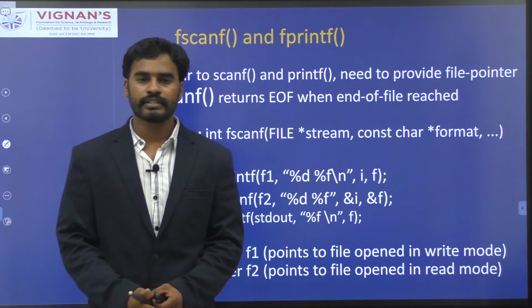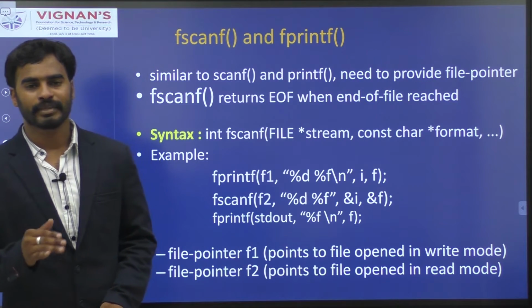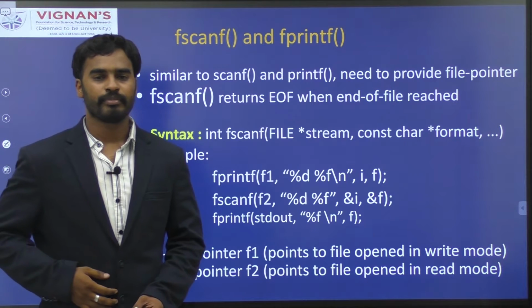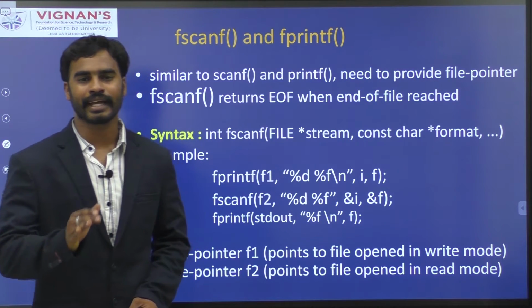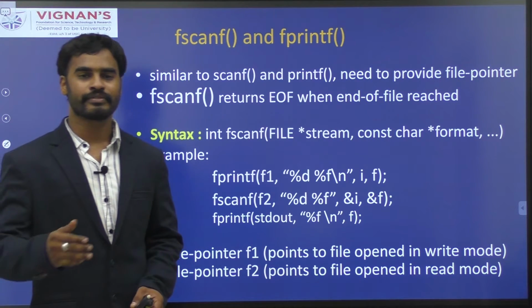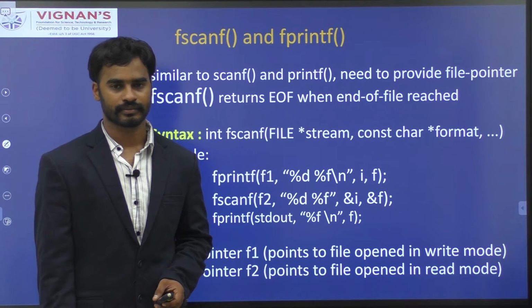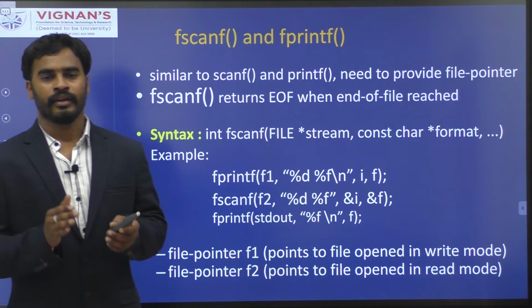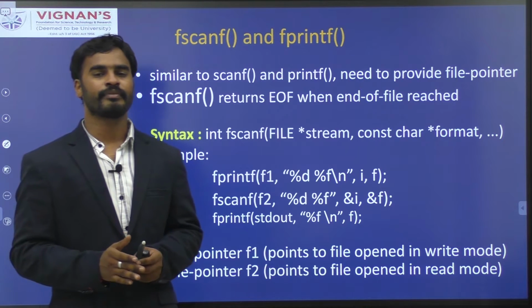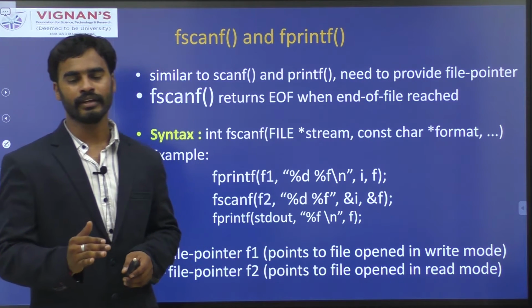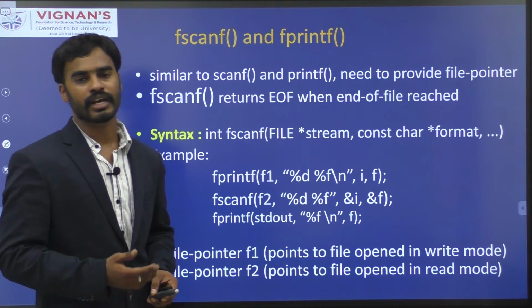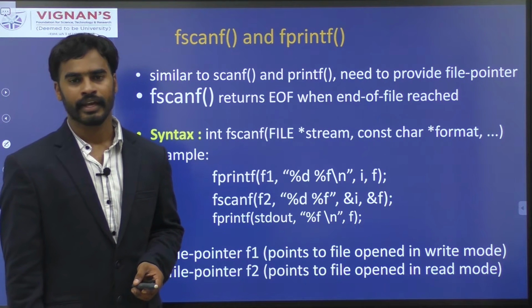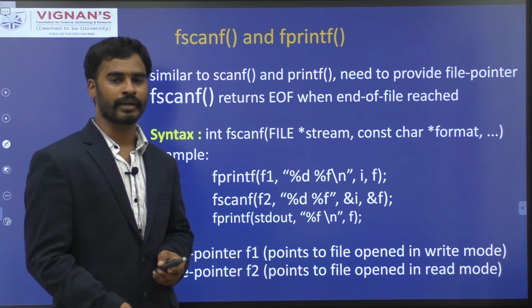Now see what fscanf and fprintf are. The fscanf function and fprintf function work exactly the same as the very familiar scanf and printf functions, except that they take one extra parameter.